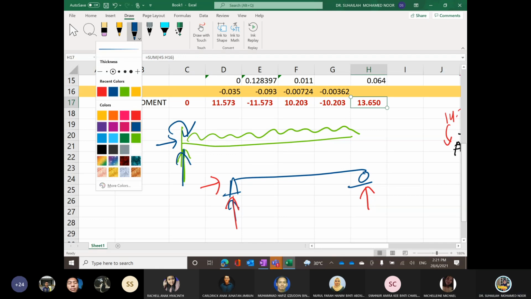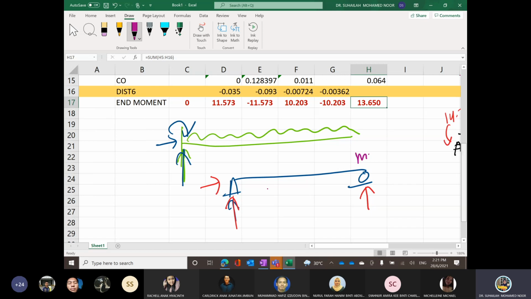Because moment at pin and roller is 0. And then why we put this? There is a value, an unknown value, right? So if the end is fixed, of course it has moment value.